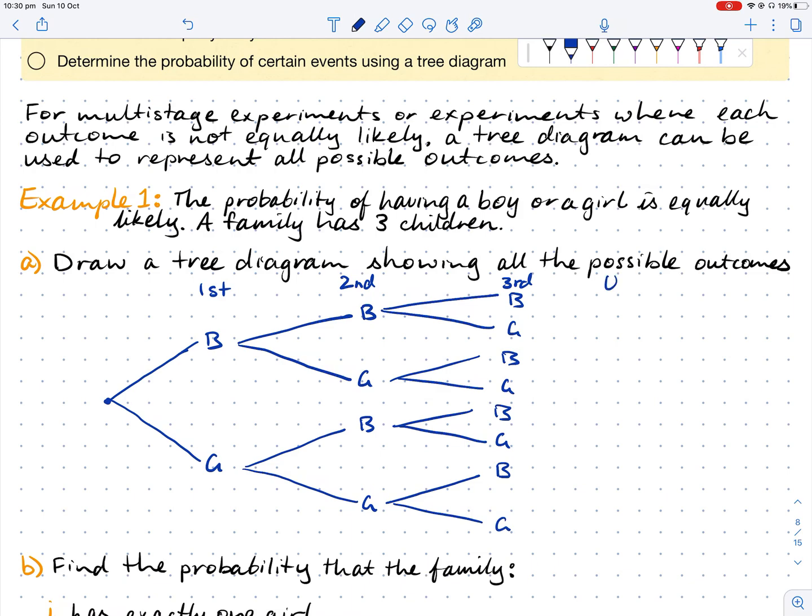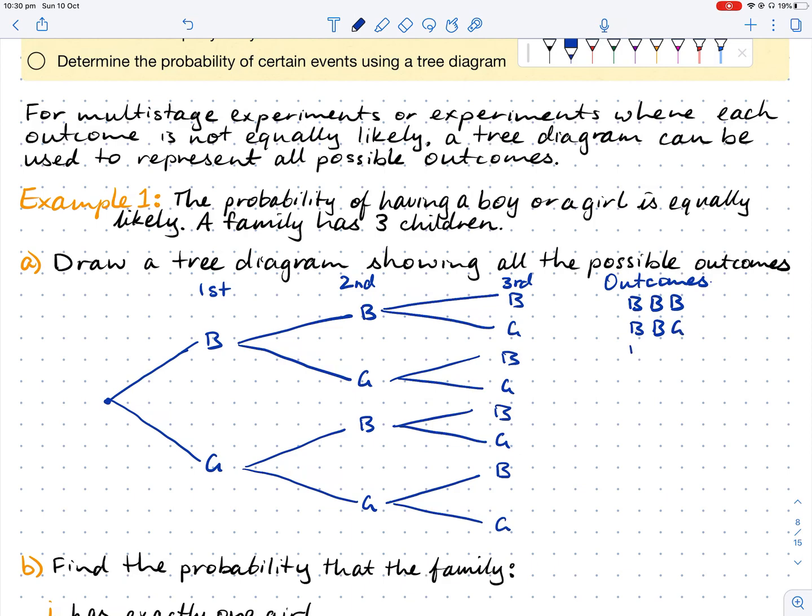So sometimes you might write your outcomes at the end, to summarize what you've got. If we look along this first branch, then we could have had a family of 3 boys. If we go along the second branch, along here and then down that way, then we could have had 2 boys and then a girl.